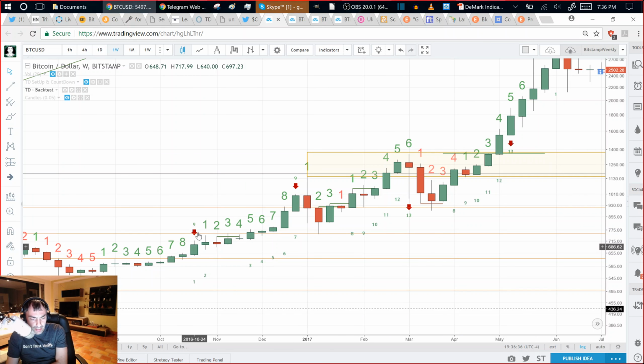All things being equal, you have 3 equally likely possibilities. One is this sell indication gets ignored and you continue straight up to the upside. Another is a 1 to 4 candle correction, in this case a 1 to 4 week correction, and then you continue to the upside.